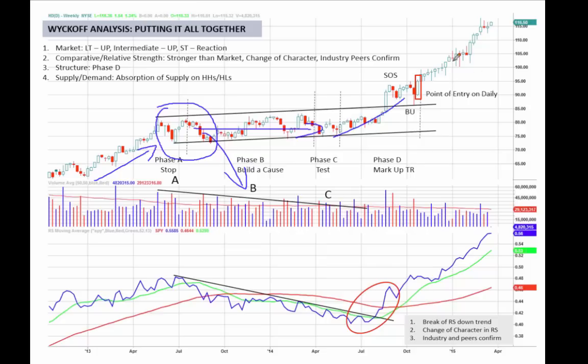So kind of the same concept here. Where is the exit point? Well, you want to find where this change of character is going to come, and you can find it in the price action, in the supply-demand signature, and in the relative strength signature as well. I hope I'm answering this question. I didn't fully understand the question there.